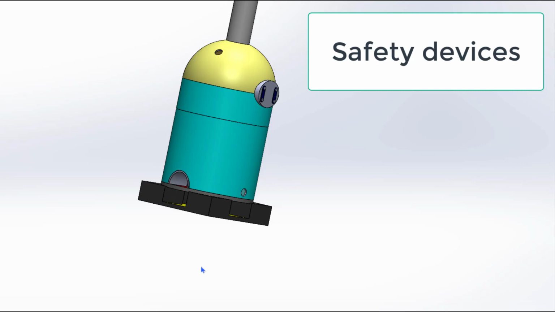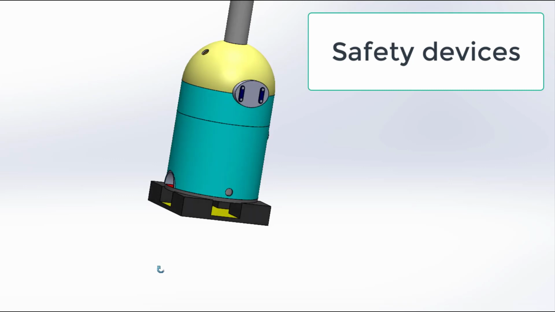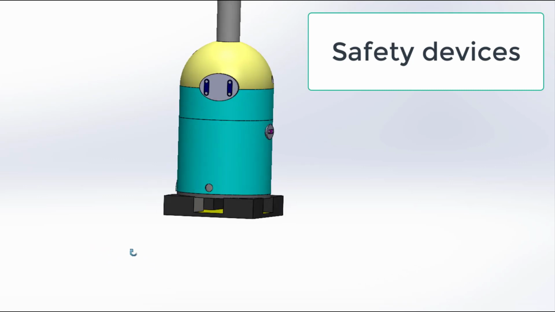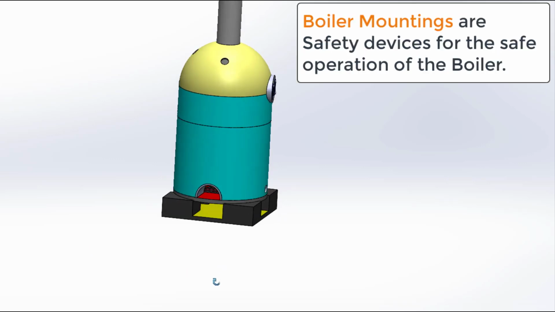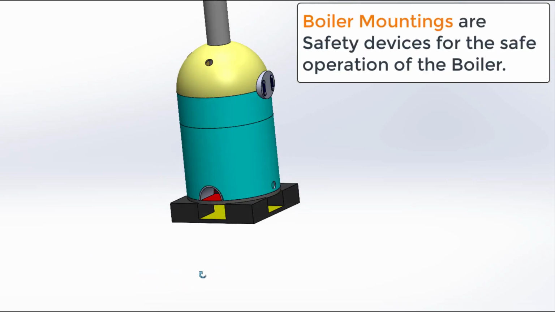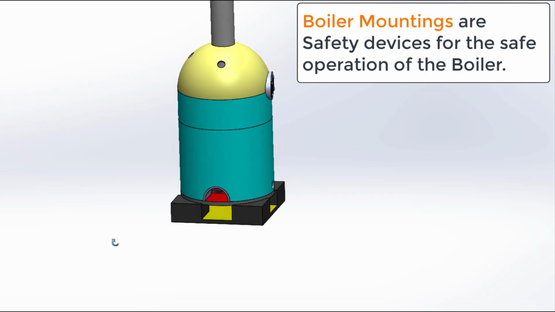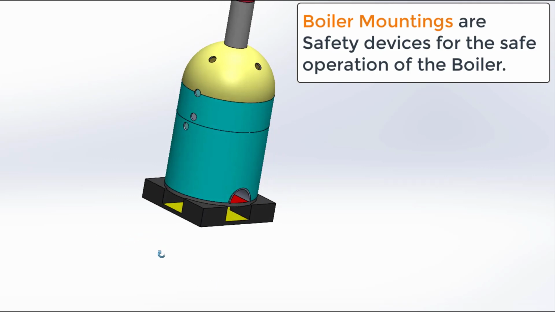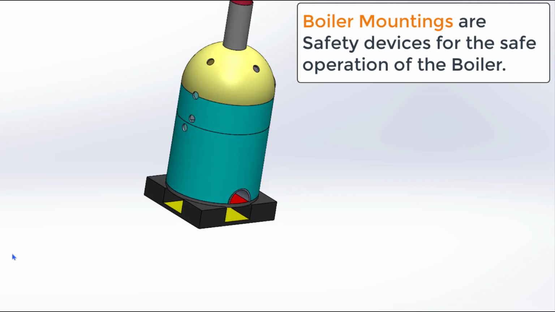So to avoid this, there should be some fittings or devices attached to the boiler, and those fittings are called the boiler mountings. So what are the boiler mountings? Boiler mountings are the devices attached to the boiler for safe operation of the boiler.